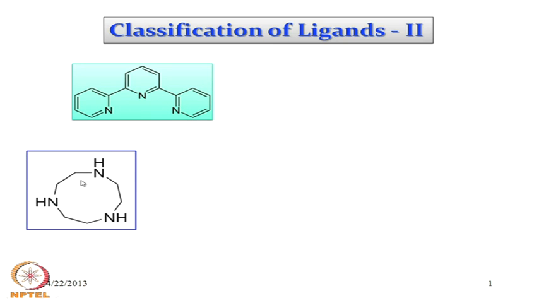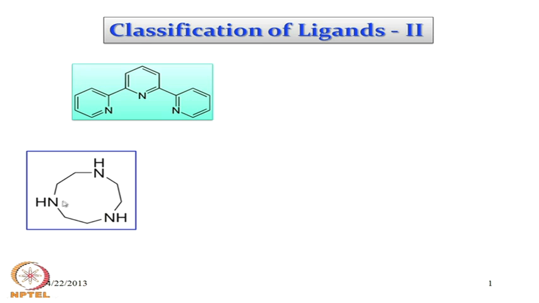And related to these, we have just seen that if we have a bigger cyclic ligand, we call it a macrocyclic ligand. But if the cycle is not so big, a little bit smaller, with only 3 nitrogen donor atoms, all secondary nitrogen donors, that means the functions are NH, then the nitrogen lone pairs from this nitrogen to this nitrogen to this nitrogen are all available to bind to the metal center.